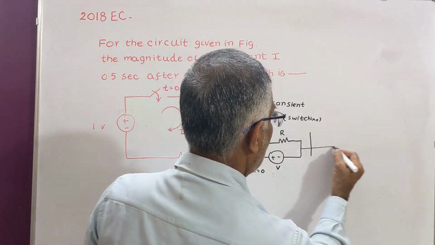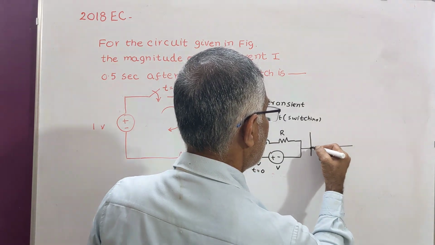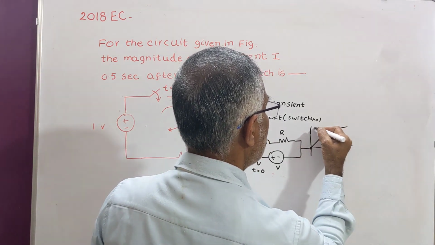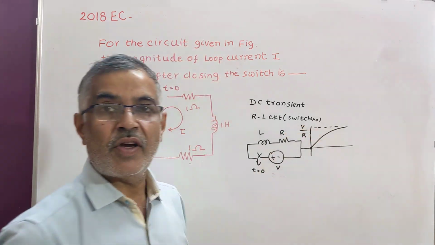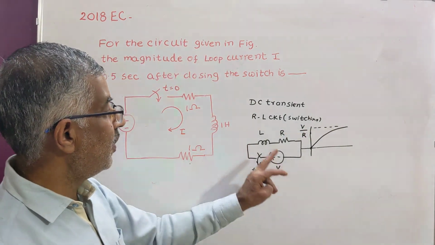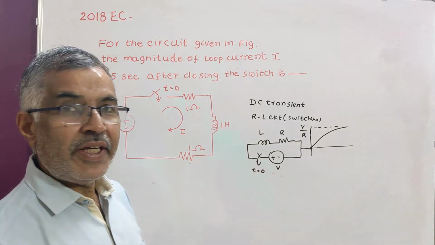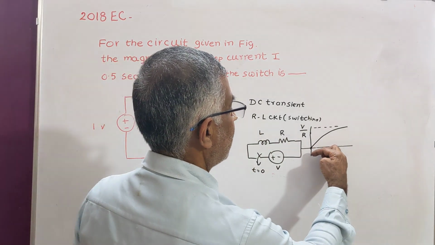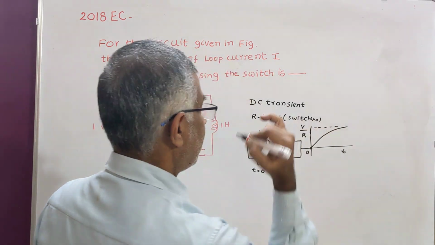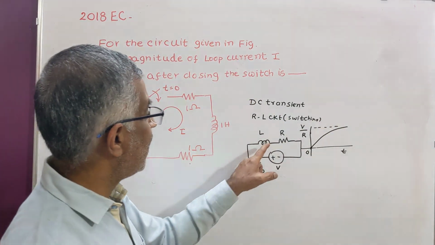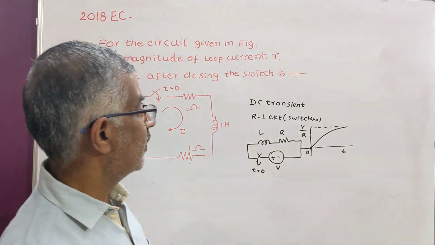Current rises from 0 to a value equal to V by R, because the inductor is not going to decide the current. Current is decided by R. So it takes theoretically infinite time to grow from 0 to V by R. So ultimately V by R is the current, V divided by R.